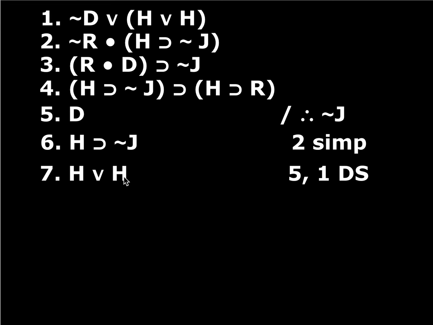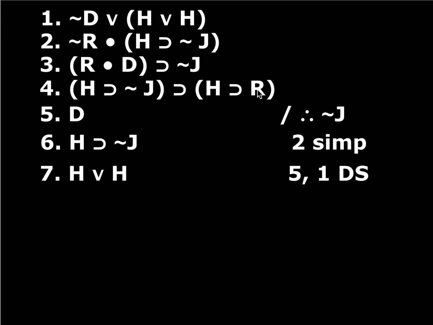Okay. Now what can I do? Is there anything that's popping out as something that you might be able to do here? Sure. A couple of things. We could always simplify off this first conjunct if we wanted to. But notice that this is this antecedent. I have the antecedent of this conditional, so I can get the consequent by modus ponens.